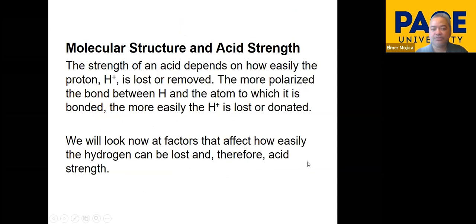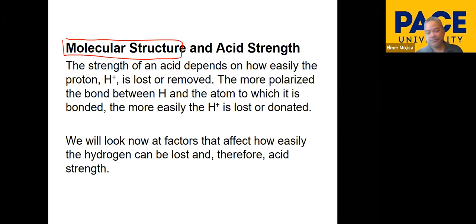Now, let's look at some of the factors that affect the strength of an acid. The first thing that we're going to look at is the molecular structure. So what does it mean? When we're talking about acid, what's the element that is involved? Okay, it's just a proton, specifically the hydrogen ion.